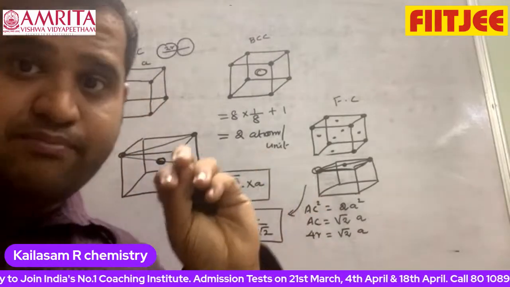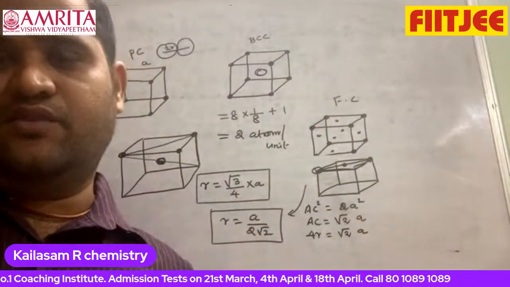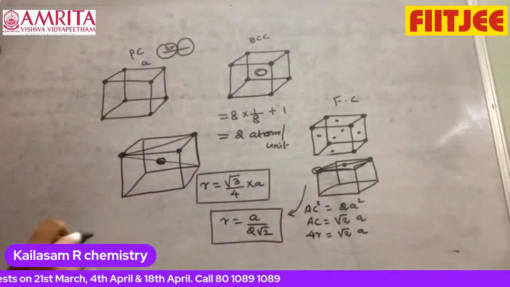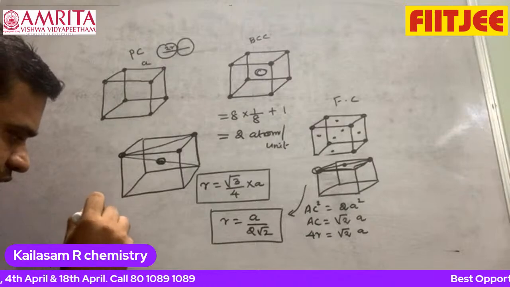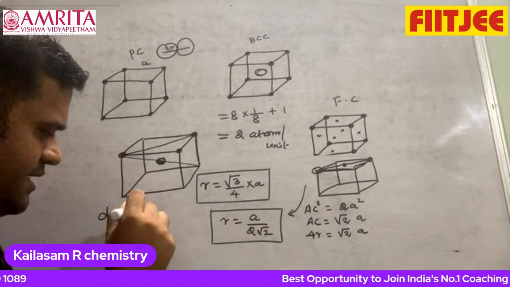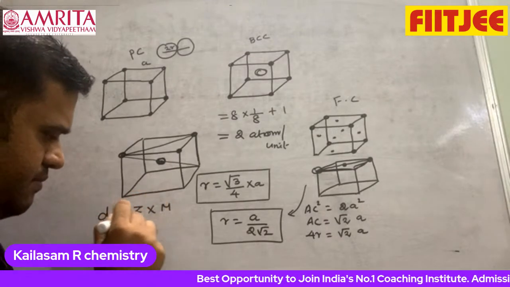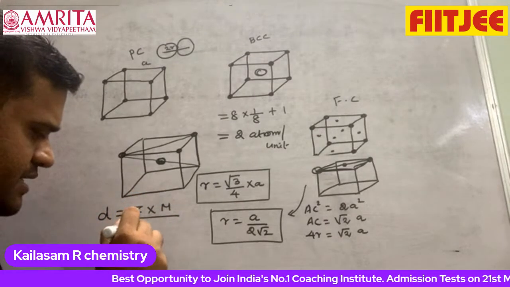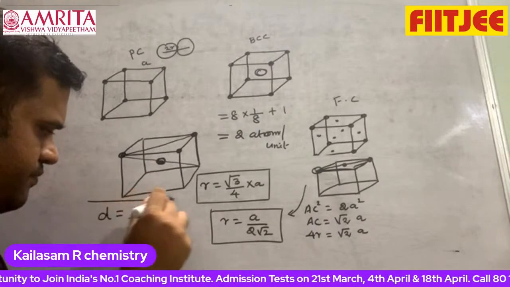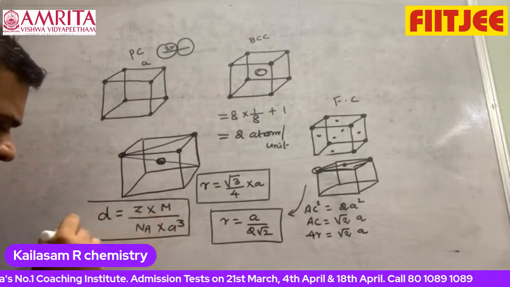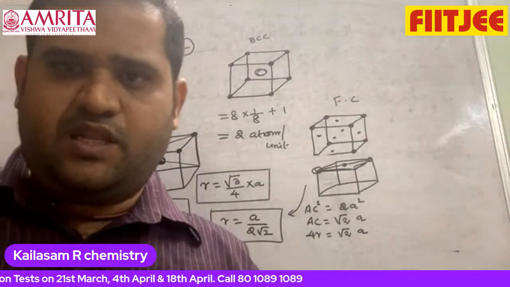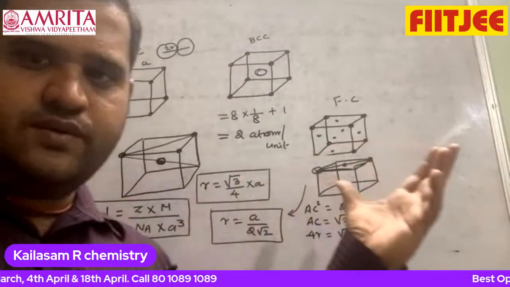So this is only for metal crystals. For solid crystals, if we go to the density, I can write D, which is equal to Z into M by Na into A cube.